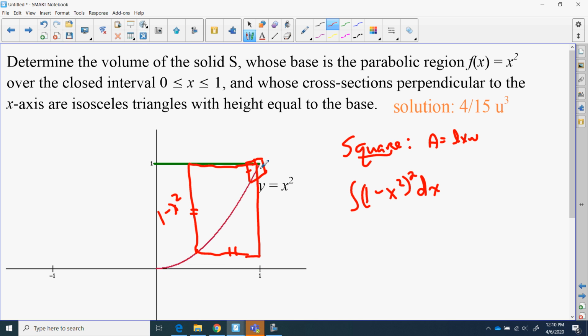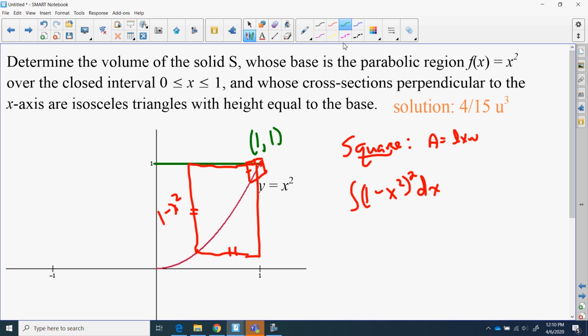Now, this point right up here on our graph, that would be the ordered pair 1, comma 1. Now you say, well, how do I know that? Because if I fill 1 in here, that will give me the y value. So that's going to be the ordered pair 1, comma 1. So basically, we're going to start the cross sections at 0, stack them side by side until we get to 1.